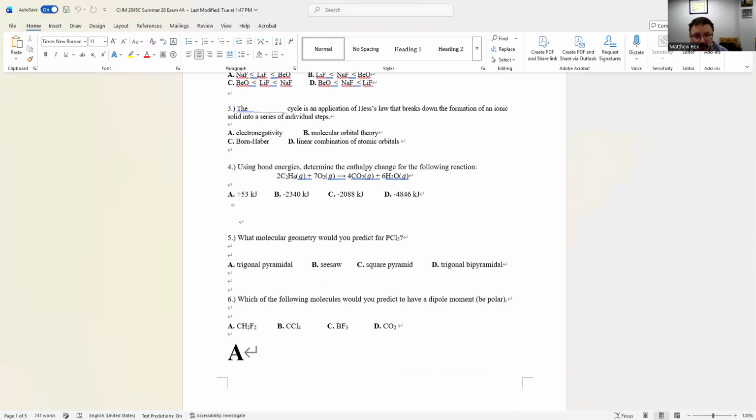Right, using bond energies, determine the enthalpies of the following. Okay, all right, for this one, we have C2H6.